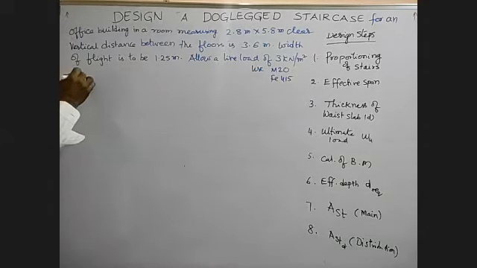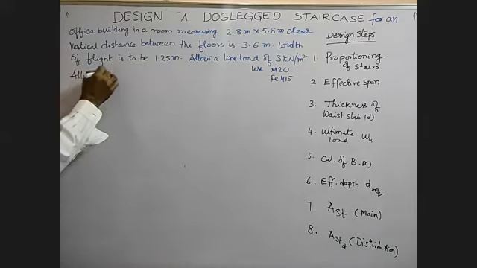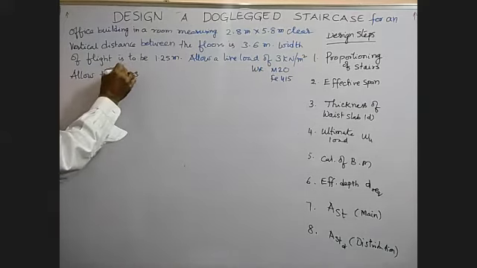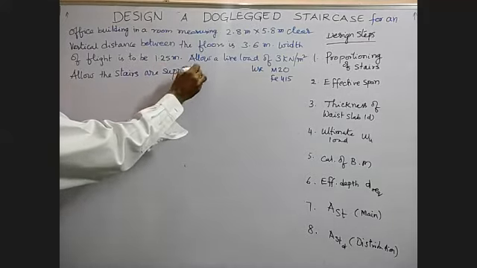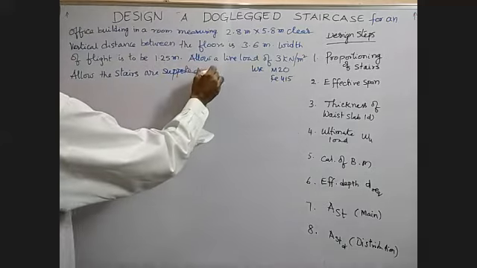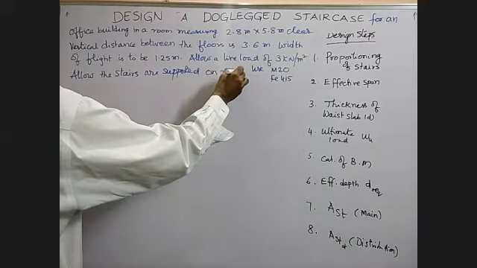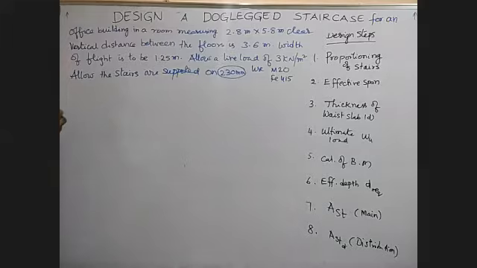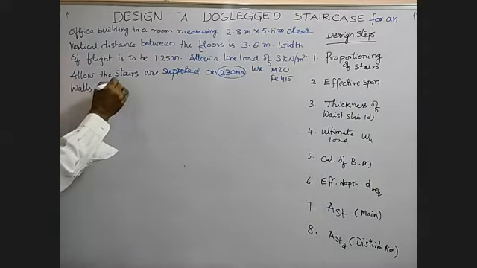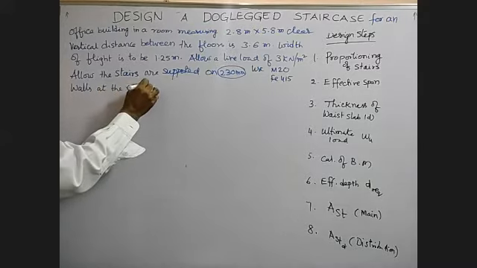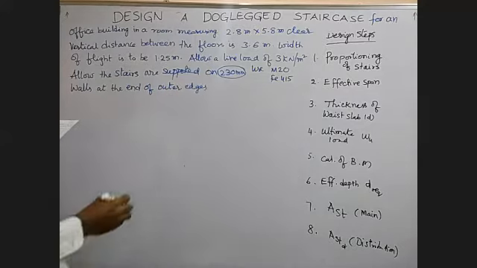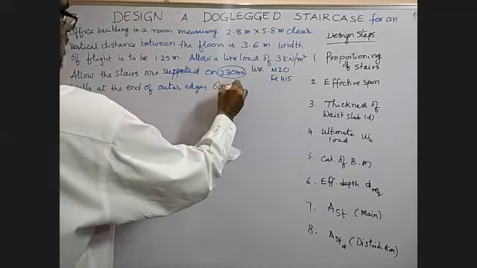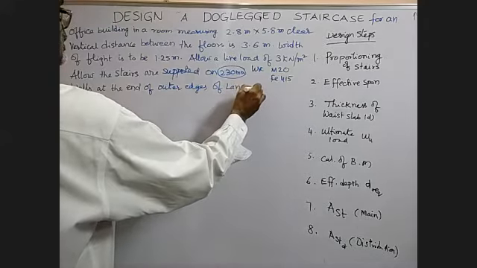And one more line is there: allow the stairs are supported on 230 mm walls at the end of the outer edges of the landing slabs.